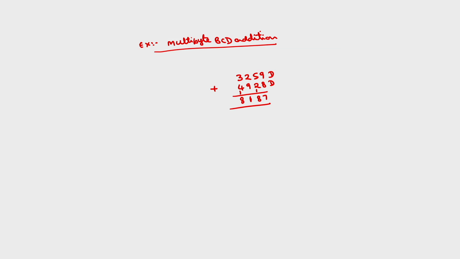So, you can extend this to any number of bytes. Okay. So, I am taking for the sake of simplicity only 2 bytes. Multi-byte means you can have any number of bytes. So, this is the BCD addition I want to perform. Okay. So, for that you assume the appropriate memory locations.